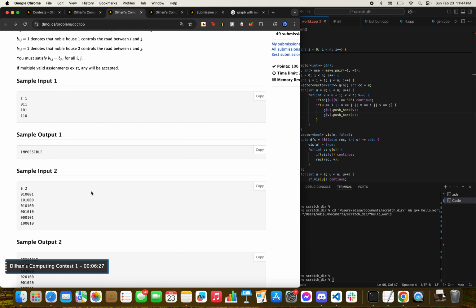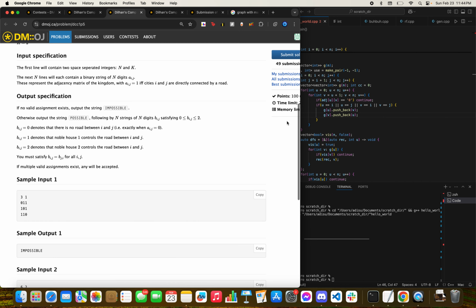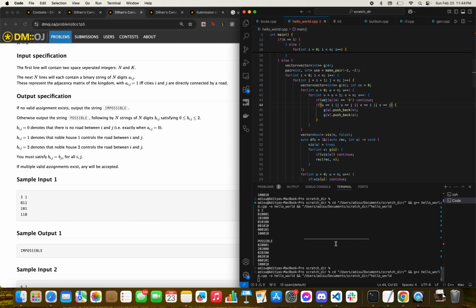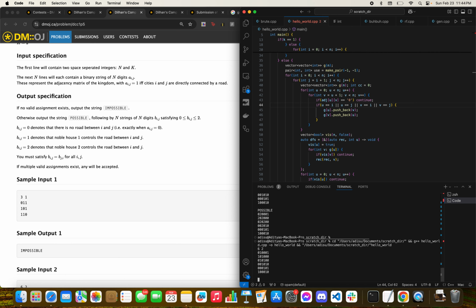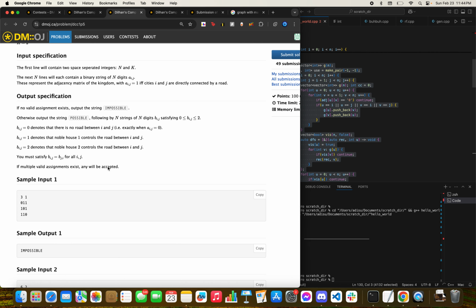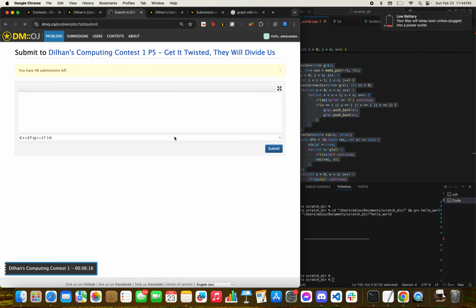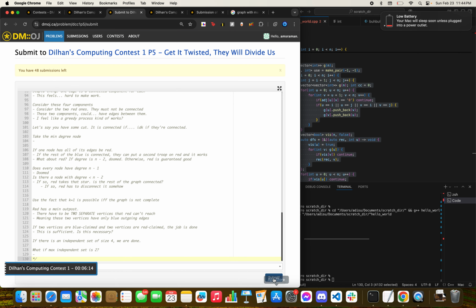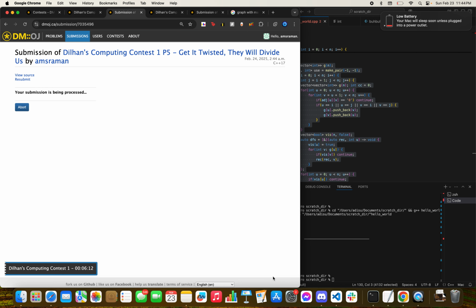Alright, I guess now is the real test. Still possible. It is interesting how this verifier takes a while to run. Can we just skip this test case, this test set?